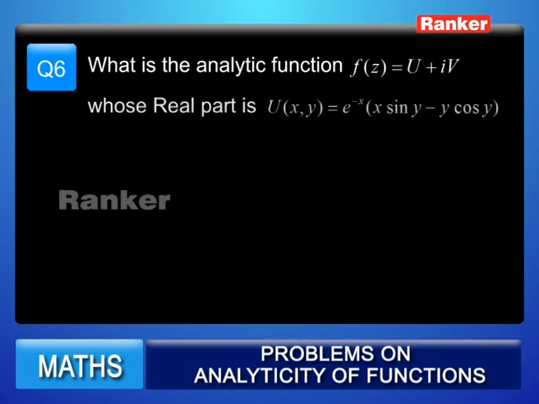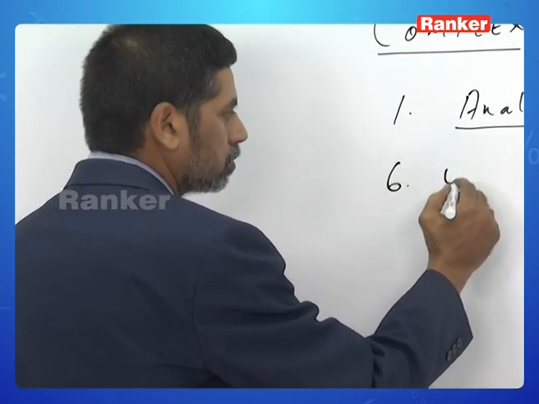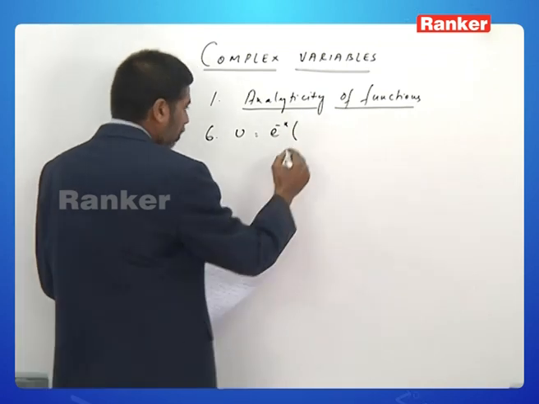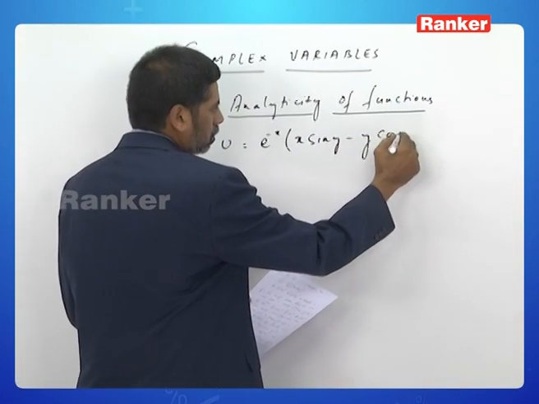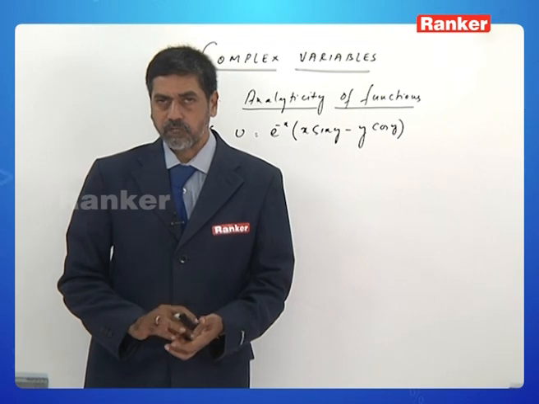Question number 6. What is the analytic function f of z is equal to u plus iv whose real part is u of xy is equal to e power minus x into x sin y minus y cos y? This is a direct application of the Milne-Thomson formula.